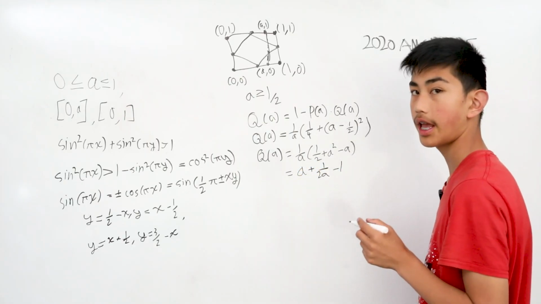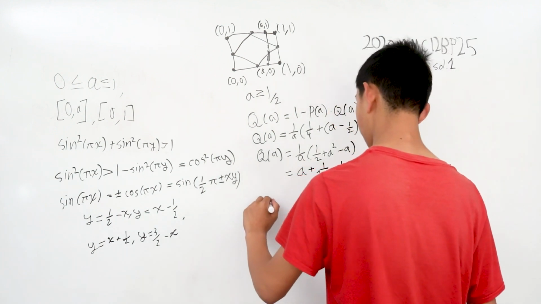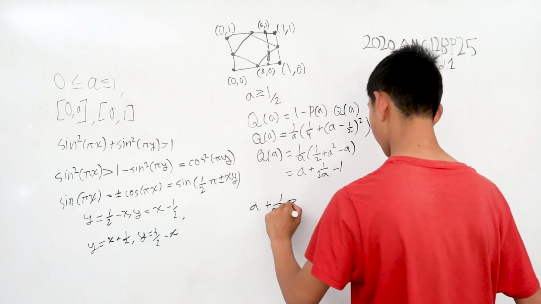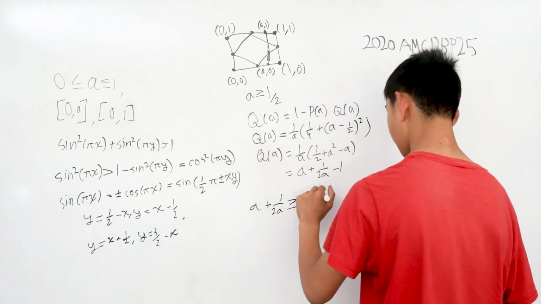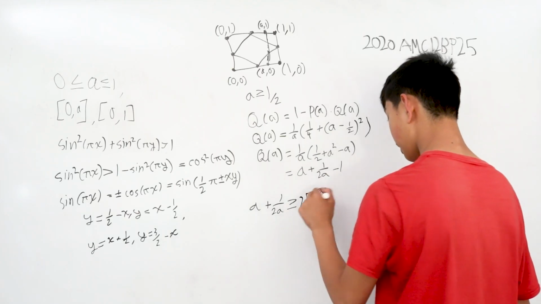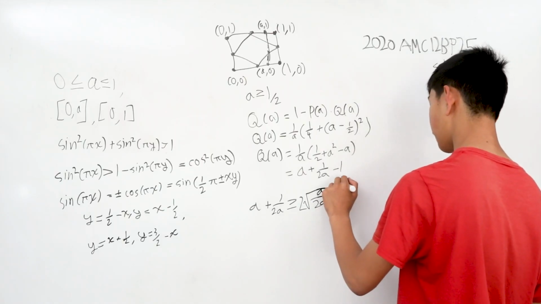And by using the AM-GM inequality, we get that a + 1/(2a) has to be greater than or equal to 2 times the square root of a · 1/(2a), which simplifies to the square root of 2.